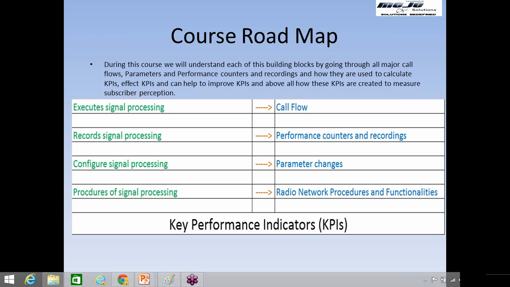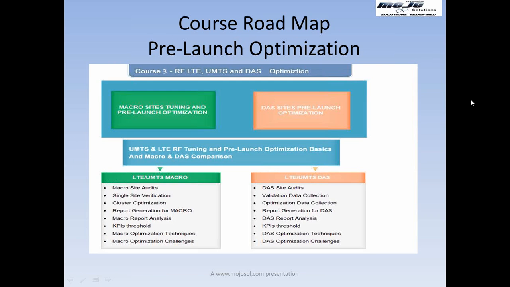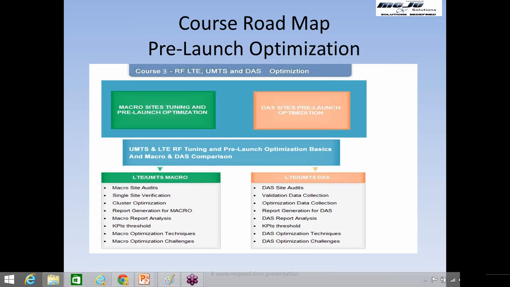So basically, now let's see how we are trying to deliver the course. Let me see, what is the roadmap? We have a pre-launch part in this course, and the pre-launch part is basically telling you, for macro sites and the DAS sites, what are the steps of pre-launch.